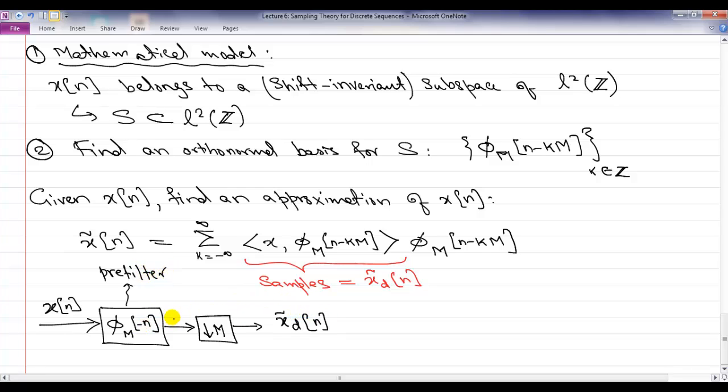It is exactly the same as in continuous time, where the pre-filter was given by the time reversed version of your generator function. Now you have a generator sequence. Instead of sampling every T seconds, you have sampling every m samples.